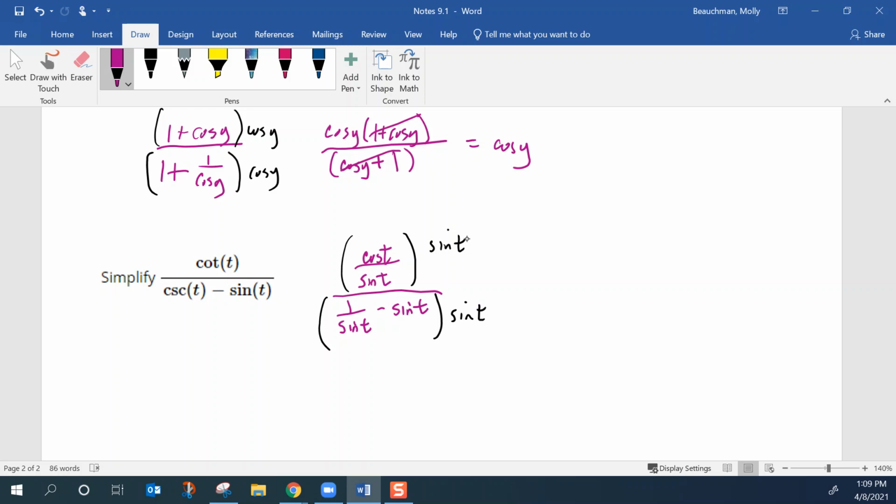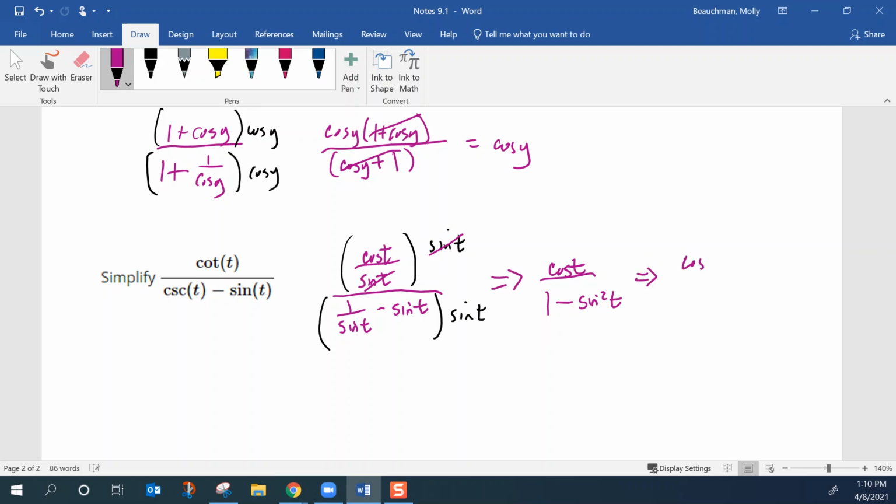In the numerator, the sines cancel and we're left with just cosine in the numerator. In the denominator, 1 over sine times the sine is 1, minus sine times sine is the sine squared. But 1 minus the sine squared is the cosine squared.